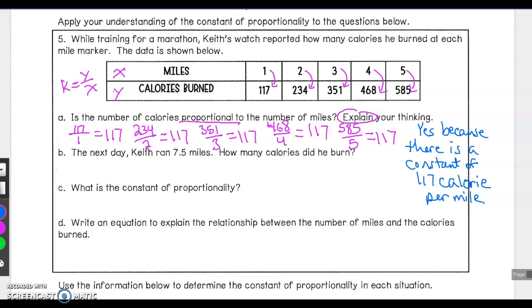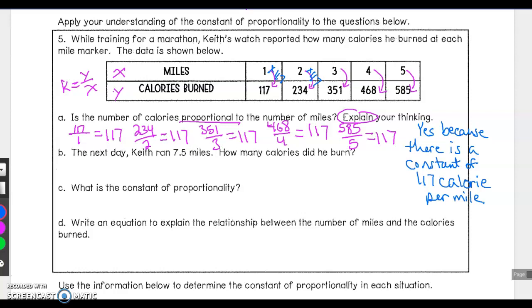Now, sometimes we tend to overthink things. Okay, it's proportional. Why? Because we're multiplying by 117 every single time. So next day he ran 7.5 miles. How many calories did he burn? Well, remember, we were taking the number of miles and we're multiplying it by 117.